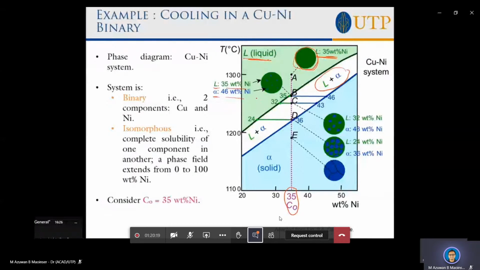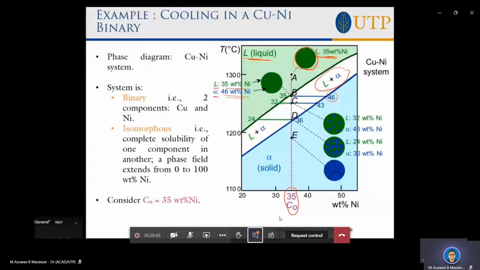All right. So we know because at this point, if we extend the tie line, it will get to this point 46. So this is 46% for alpha because this is the alpha side. Ni 46% nickel. Liquid is on the left side. Dia kata ni 35 lah, masih lagi 35 because you are touching at the boundary there kan.